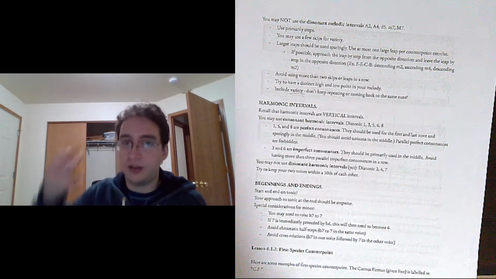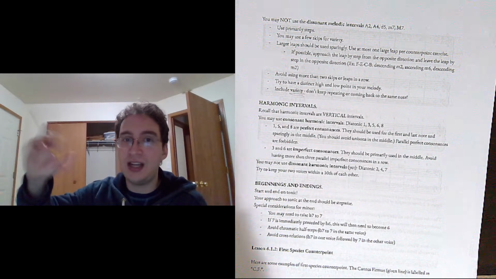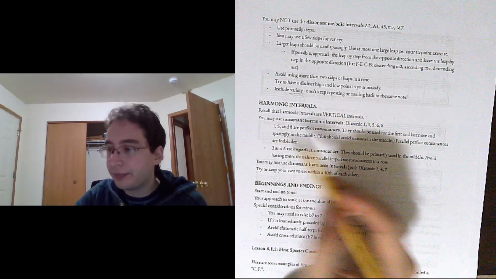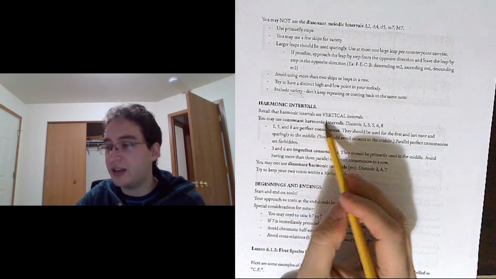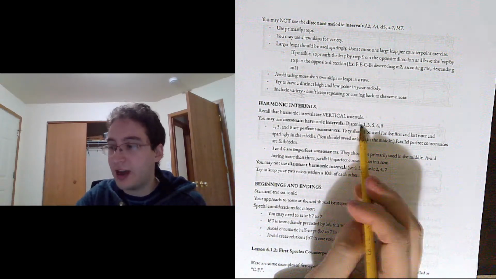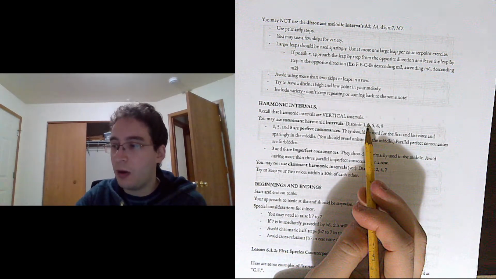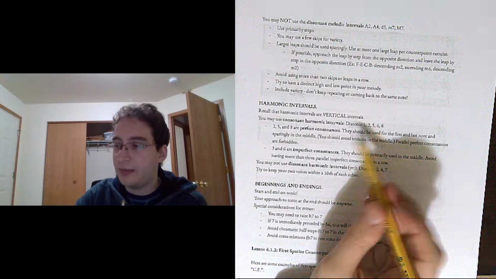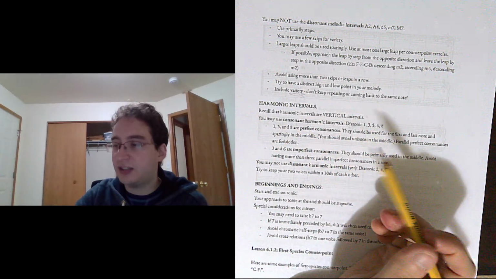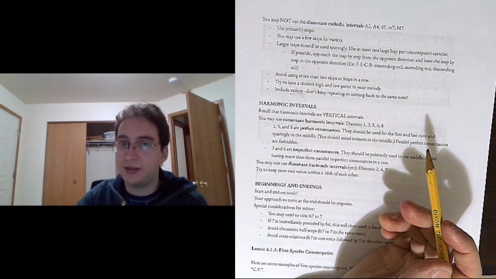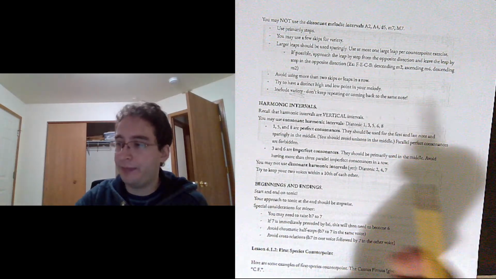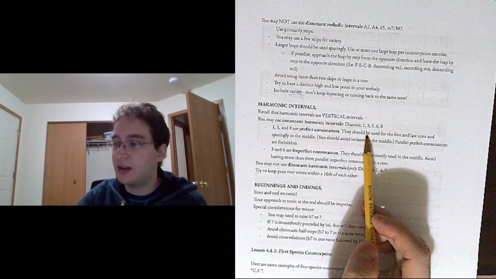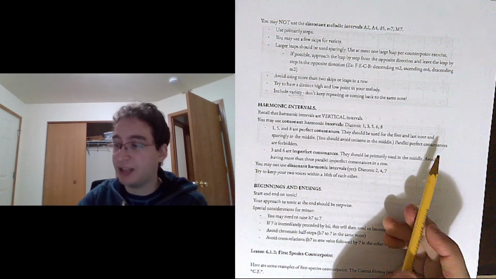Harmonic intervals are the vertical intervals formed between the two voices that you're writing. So you can use consonant harmonic intervals, which are diatonic, belong to the scale, first, or unisons, thirds, fifths, sixths, and octaves. Unisons, fifths, and octaves are perfect because they're perfect intervals. So you should definitely use them for the first and last note, sparingly in the middle.